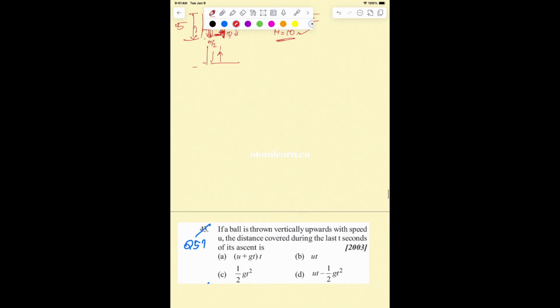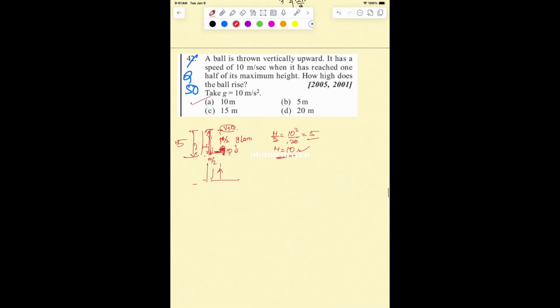You can also apply it like this, because u initially is unknown, v is equal to 10. You can also solve it by the longer route, step by step, from the given situation. What is the given situation? Initial velocity is unknown u, whereas final velocity here is 10, the distance is h by 2, then the time taken, and g is negative, minus 10.